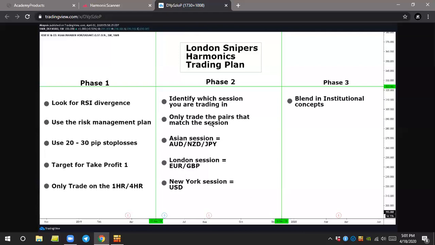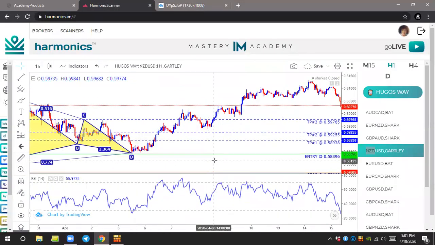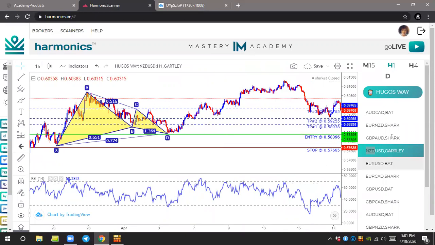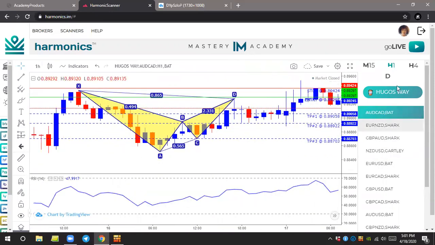All right, guys. So I hope you guys learned exactly what these time sessions represent and the importance of these sessions and the importance of looking at the pairs for these sessions, because you really want to have an understanding of what pair you're trading and at what time. Price and time for these pairs truly do matter.